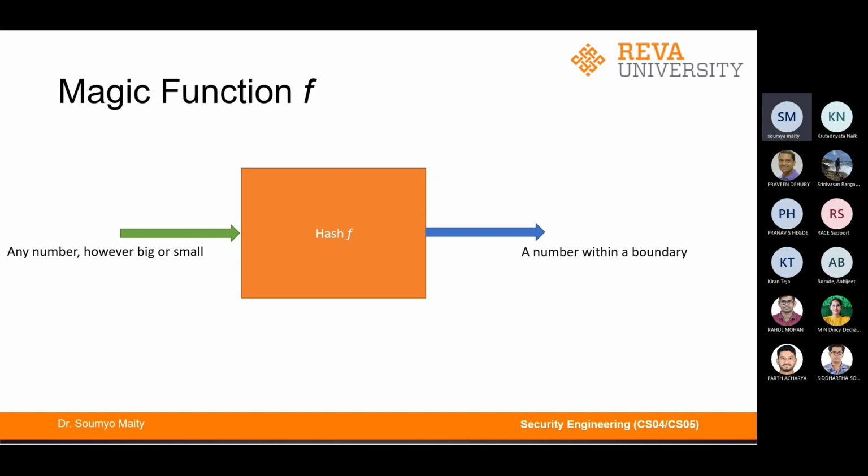And if it is an endless string of zeros and ones, that means we can convert it into a decimal number. A hash function is basically mathematics. We can apply it on any number, however big or small, and it will give me a number within a fixed boundary. Or in the binary world, you can give a binary string of any length, but it will give you an output of a fixed size. Fine. Everybody now understood what a hash function is, right?